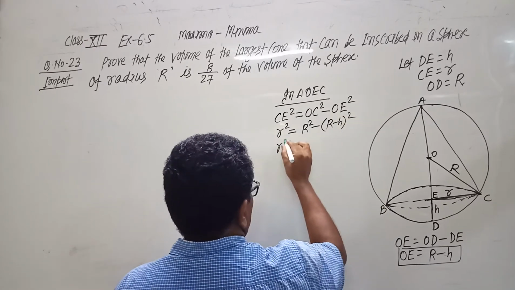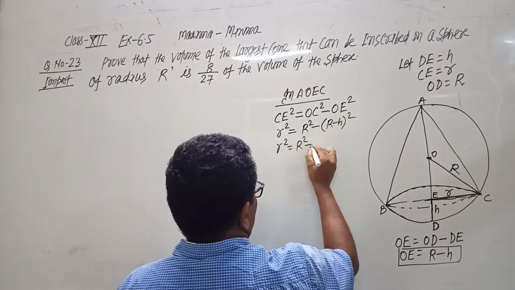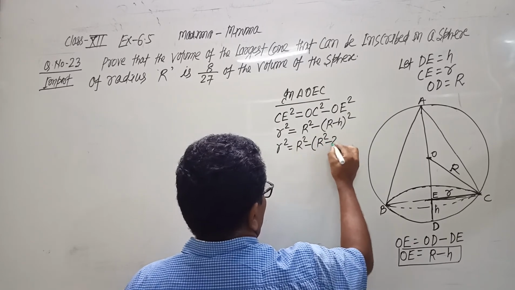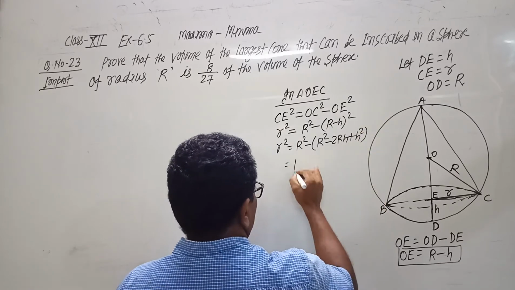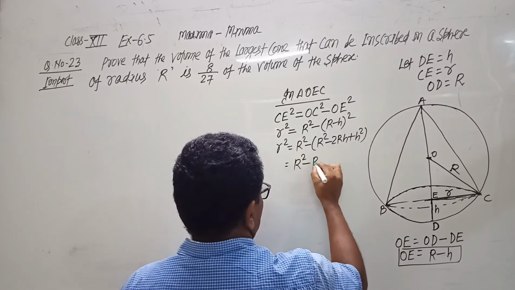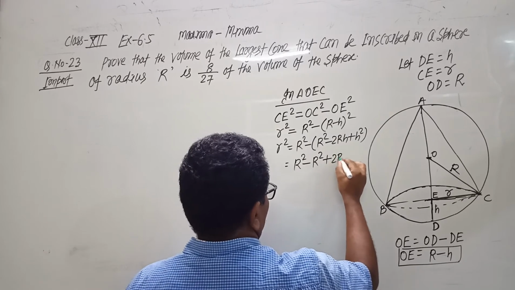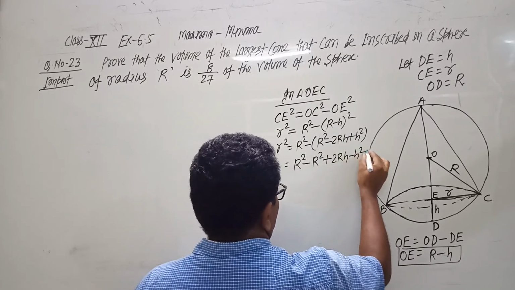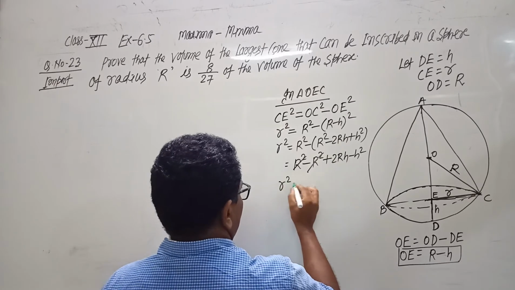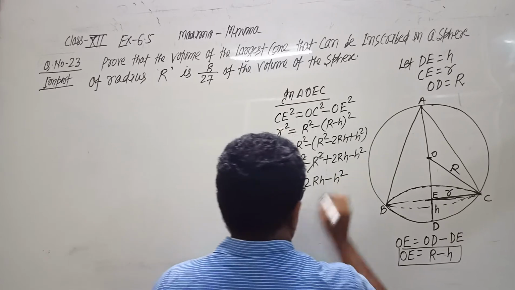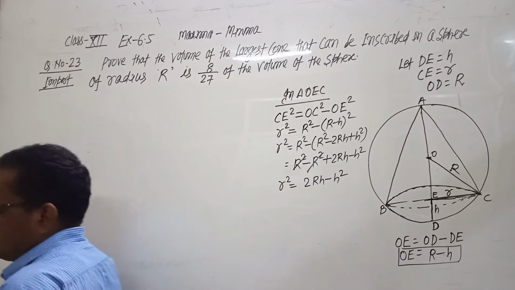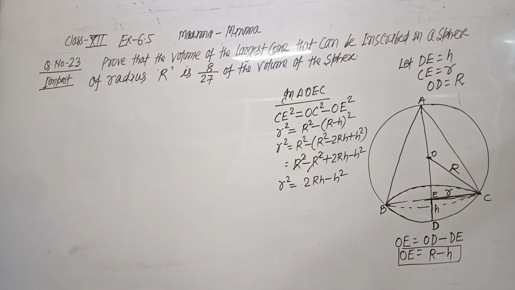We solve this: r² equals R² minus (R² minus 2Rh plus h²). Removing the bracket, R² minus R² plus 2Rh minus h². So the value of r² is 2Rh minus h².